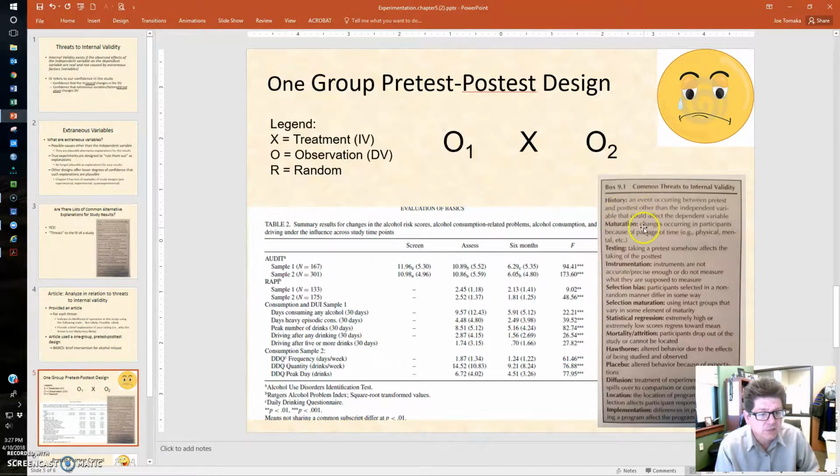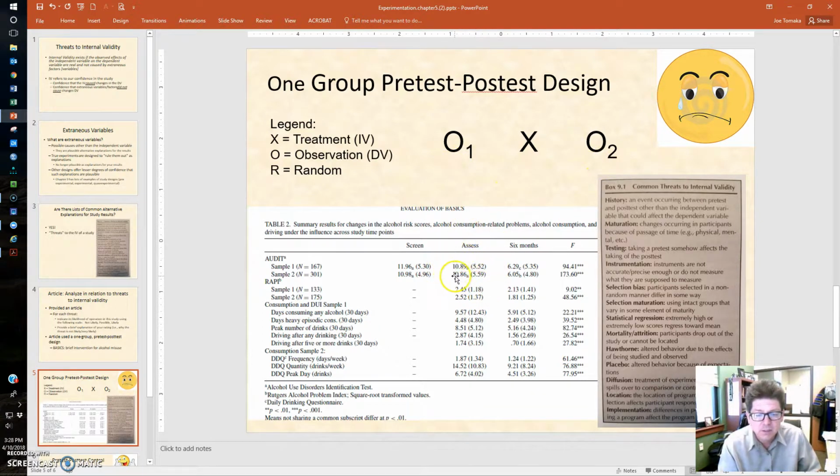So history. History asks whether or not an event could have happened between the assessment period and the 6-month follow-up that could have caused these scores to change, that's not part of the intervention. That's something else, right? So one of the things you could say is that, well, history is plausible, perhaps. In between, there's 6 months of time here.